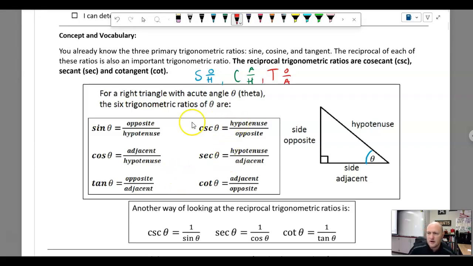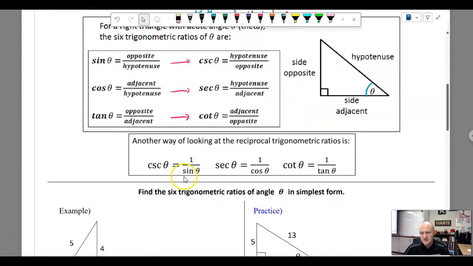The way I remember it is that these are always paired with a co-partner. So sine, its reciprocal is a co, so that's cosecant. Cosine is already a co, so its reciprocal is secant. And then tangent, this one actually just matches, it's cotangent, okay? Another way that you may see these written looks like this. Cosecant is 1 over sine.